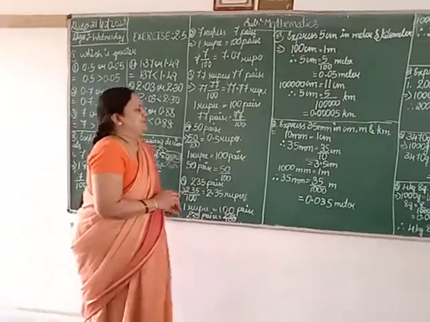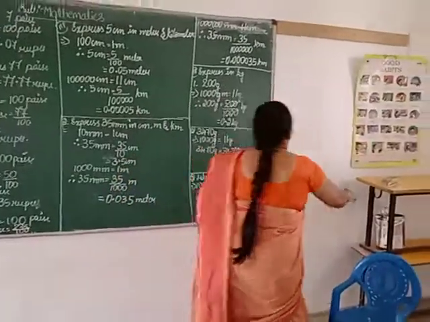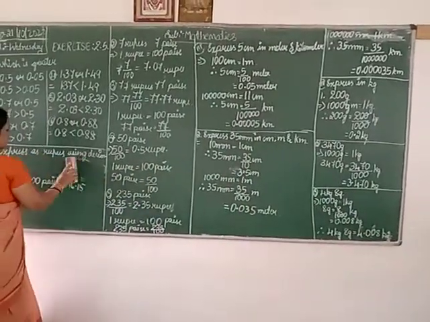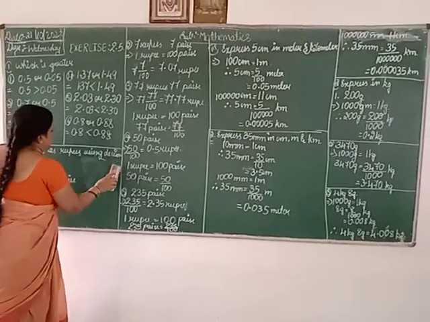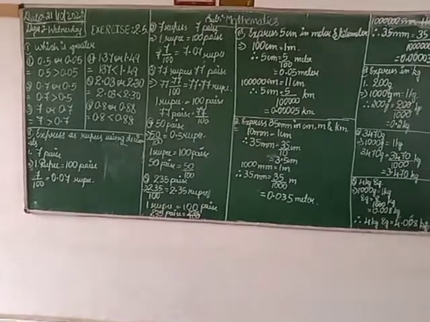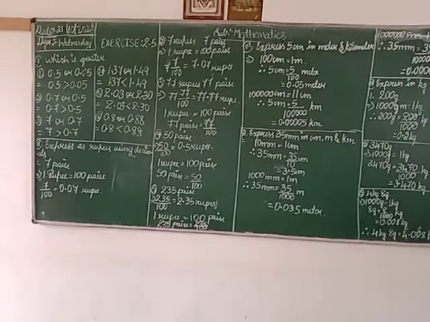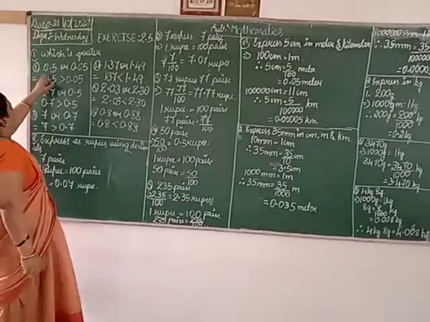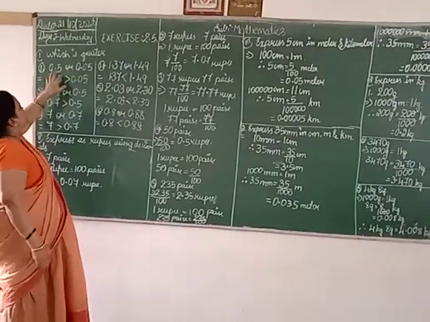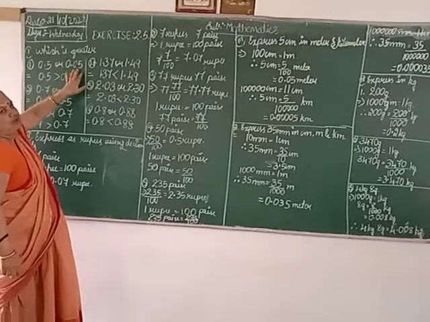Okay? We will go to the first main question, children. In the first main question, he asks which is greater. He has given two numbers and asks you to compare. The first one he has given is 0.5 or 0.05. Which is greater? Just because there are two digits here doesn't mean this one is greater.